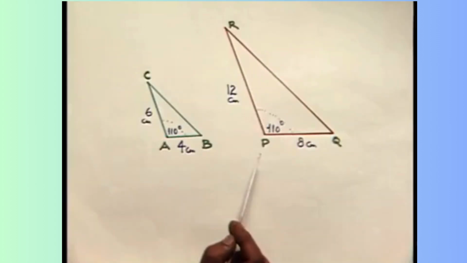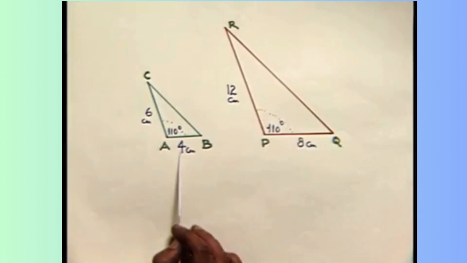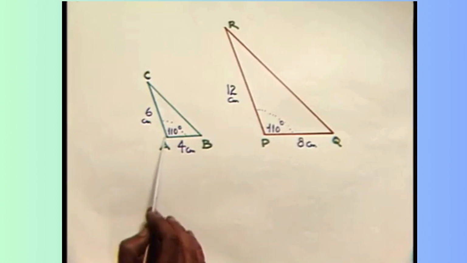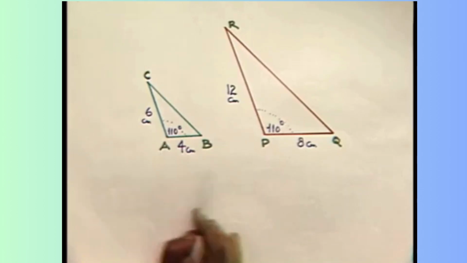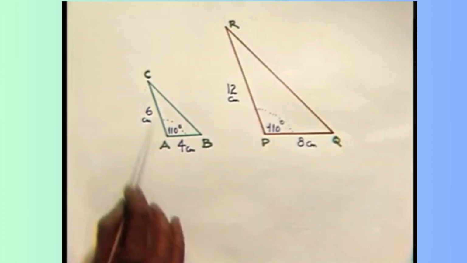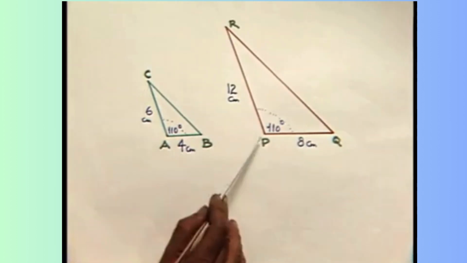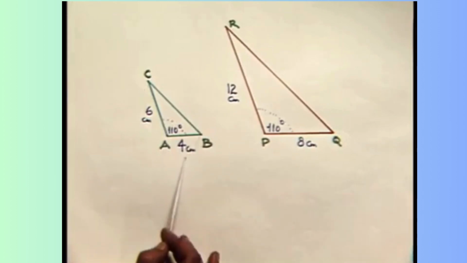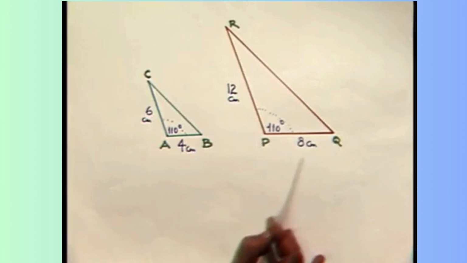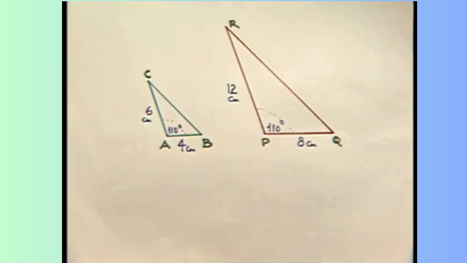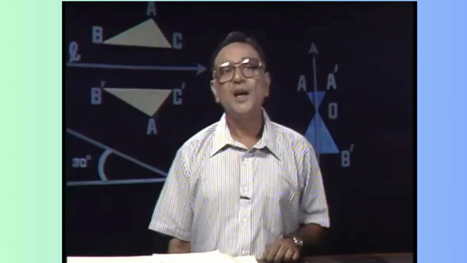Now these two triangles, both obtuse angle triangles, both are having the same shape, with base angle over here A as 110, this 110, but side AC is 6 centimeter, side PR is 12 centimeter and side AB is 4 centimeter, side PQ is 8 centimeter. So here they are of the same shape but they are of the different sizes.